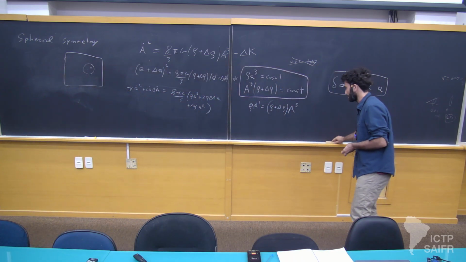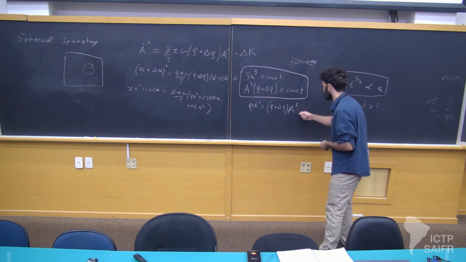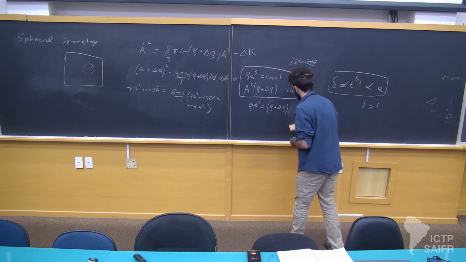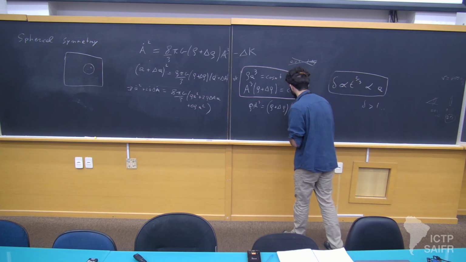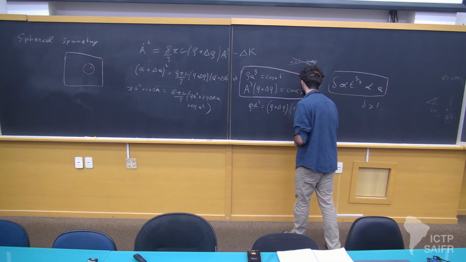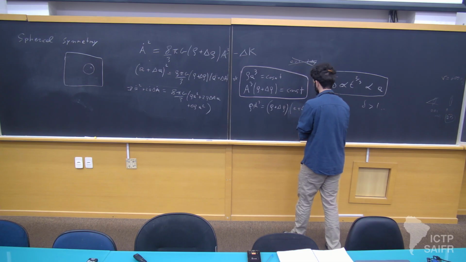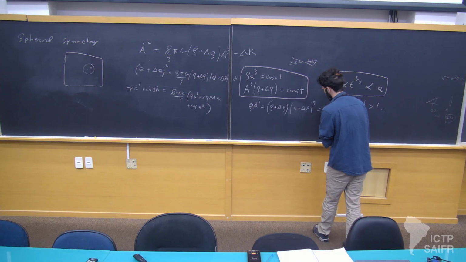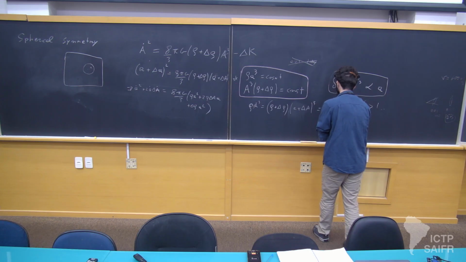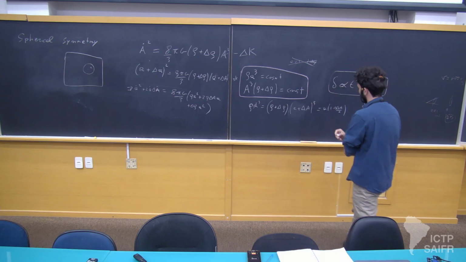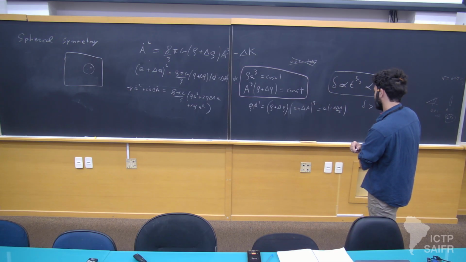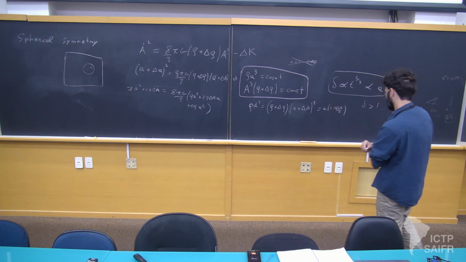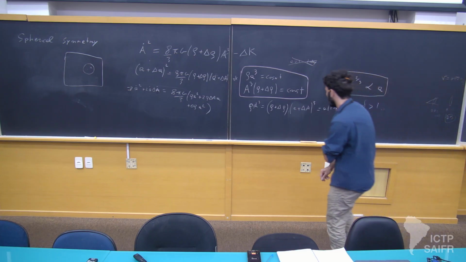And now I can also use these linearized. I would write (A + δA) cubed, which is just A cubed times (1 + 3δA/A). Looks reasonable.